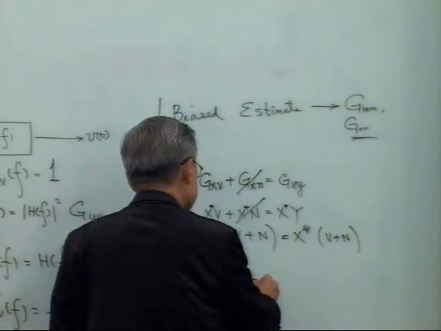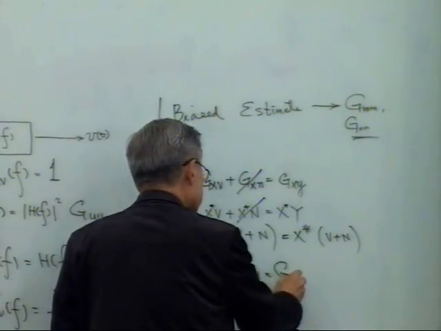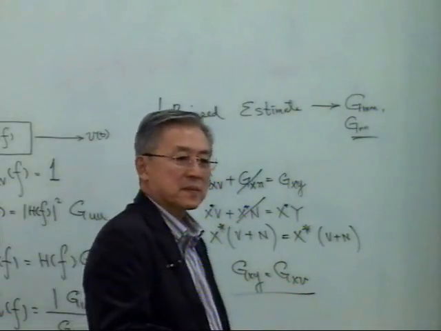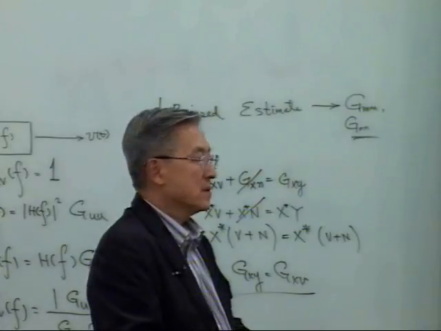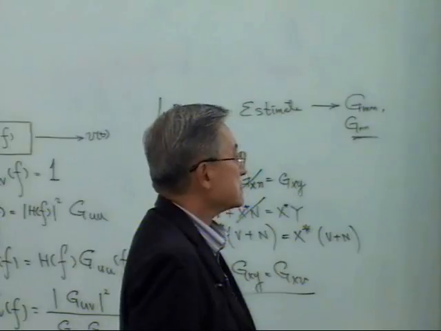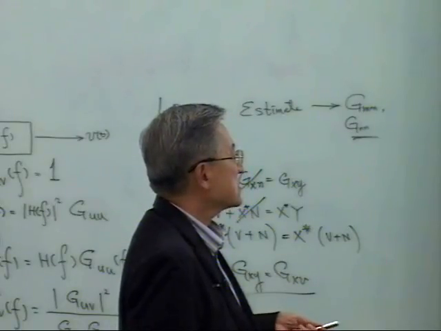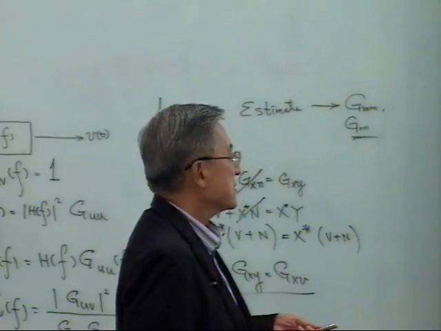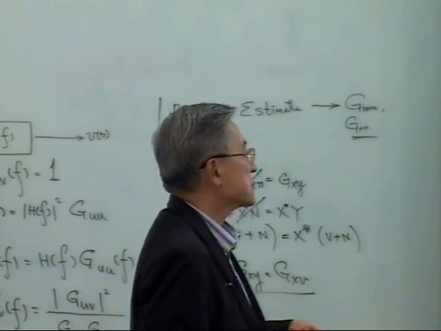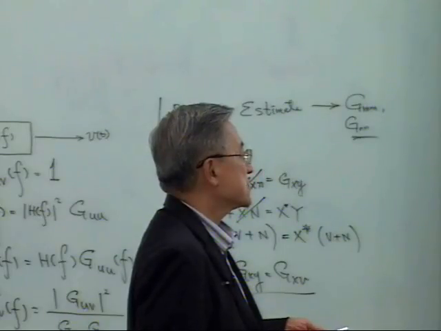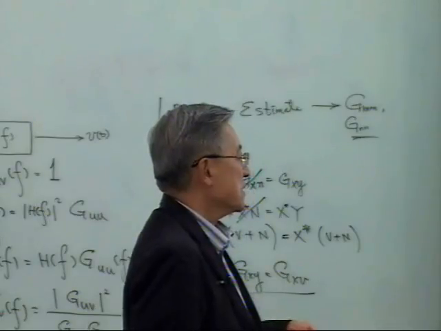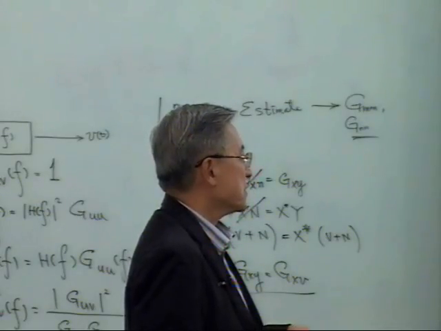Then what can you say? GXY, in this case, is GXV. So over here, this is equal to this. Then this is GXV over GXX. This guy is GXY over GXX over here. I pull the arrow up to here.